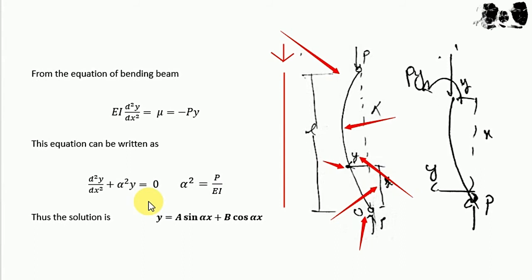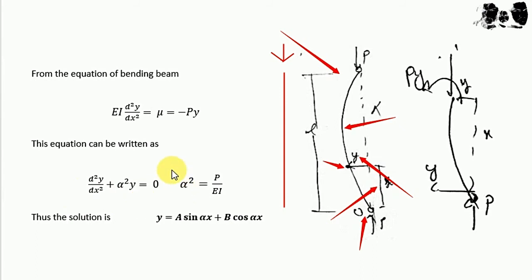Because this equation is a second degree differential equation, and converting it in this form is the reason to solve it, because we already have a solved equation whenever any second degree differential equation is written in this form.